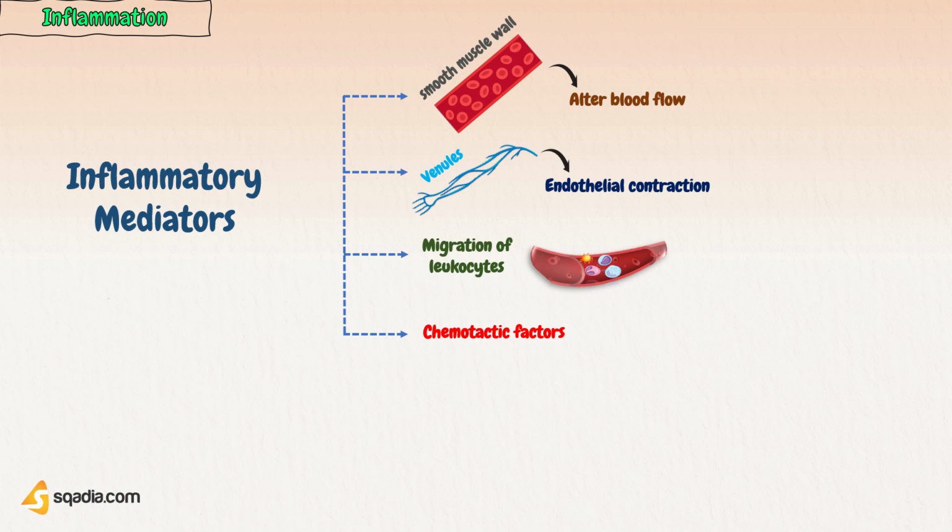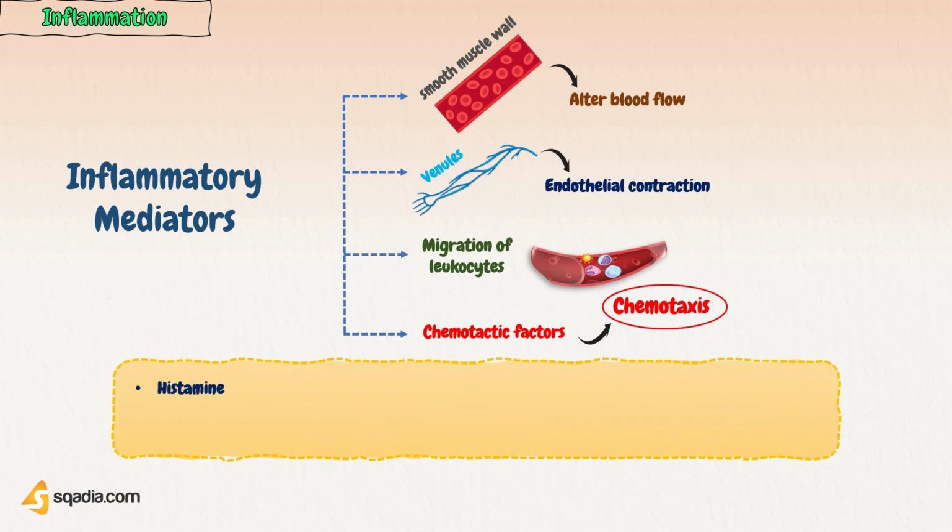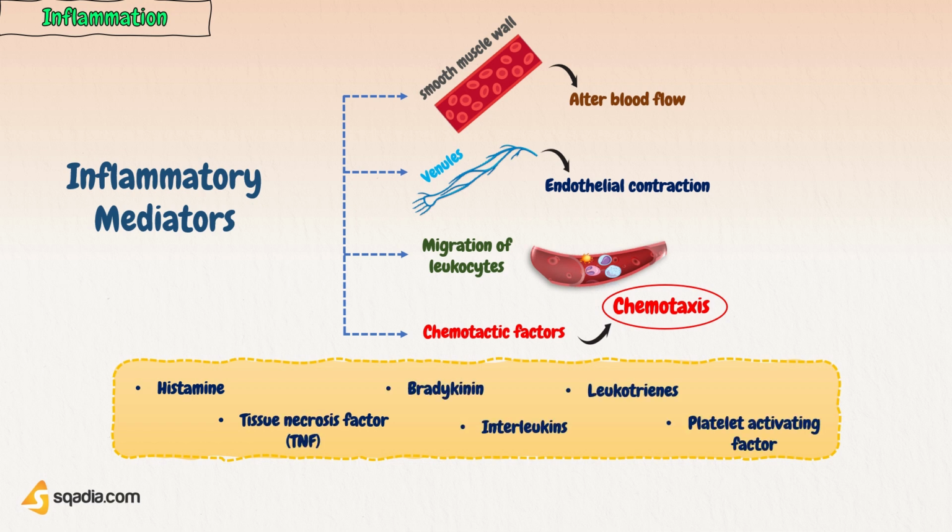Other mediators act as chemotactic factors to attract the leukocytes to the site of inflammation by a process called chemotaxis. So by one way or another, all these mediators initiate the inflammatory response. These mediators include histamine, tumor necrosis factor, bradykinin, interleukins, leukotrienes, platelet activating factor, etc.